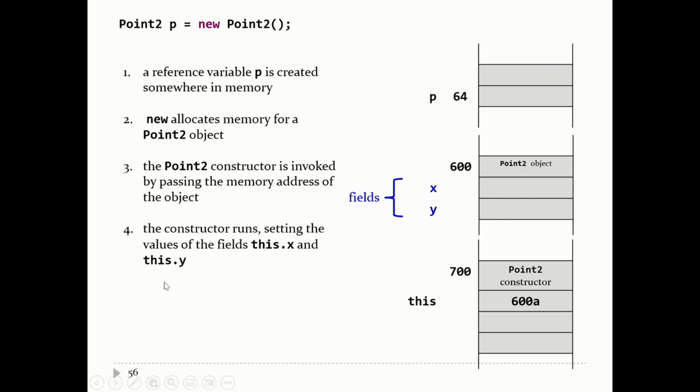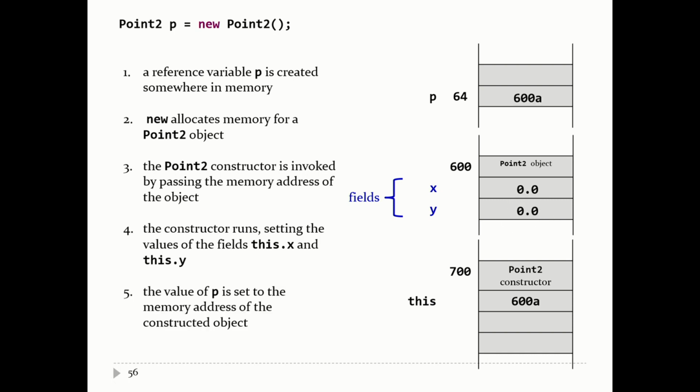The constructor sets this.x to 0 and this.y to 0. So just follow the reference.